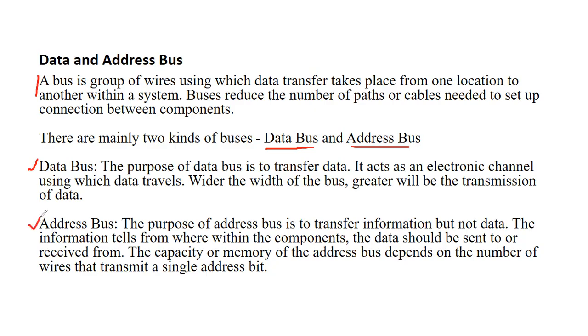And what is the function of the address bus? It will carry information, not data. What type of information will it carry? It will carry the address where the data is stored, but not the data. This is a brief about address and data bus.